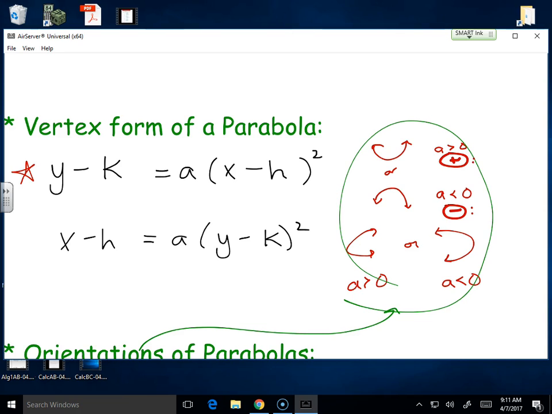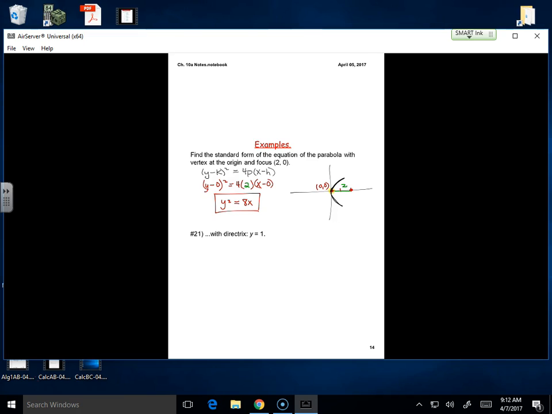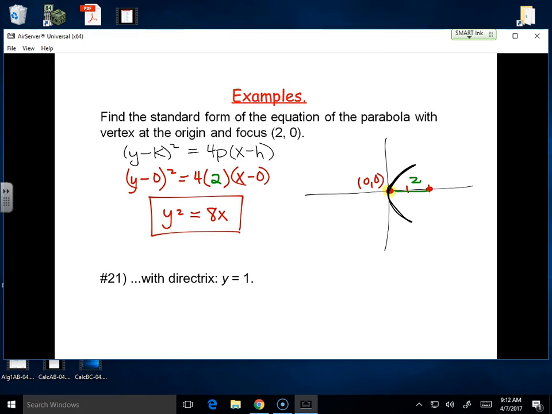So what we used to think about as that A coefficient, now we can think about for finding our focus and directrix, that P coefficient instead. Same thing down here, facing to the right, facing to the left. So the positive negative trick still works, not just for smiles and frowns, not just for ups and downs, but for right and left also.